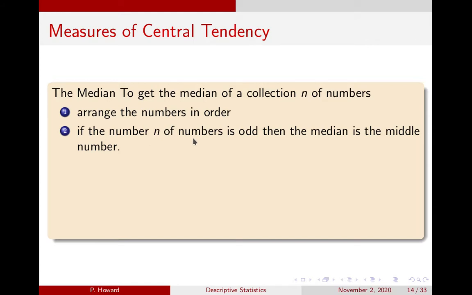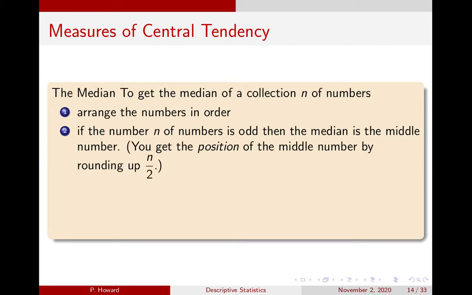If the number of numbers is odd, then the median is the middle number. As we saw when we had 7 data numbers, there was a middle number in position 4, and that middle number was the median. And you get the position of the middle number by rounding up n divided by 2.